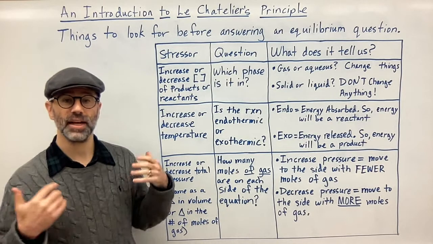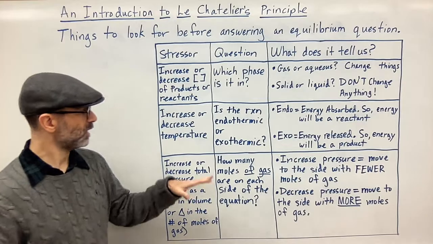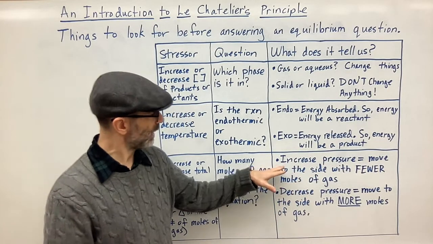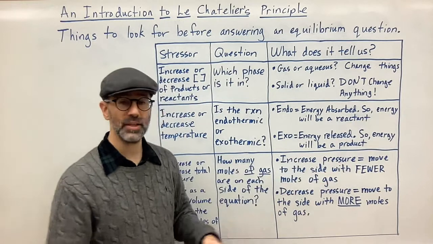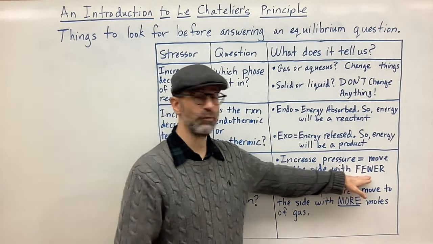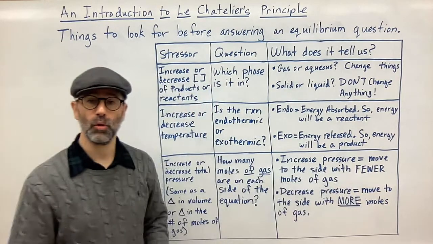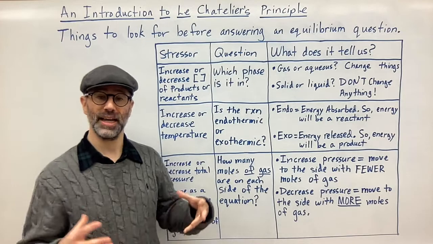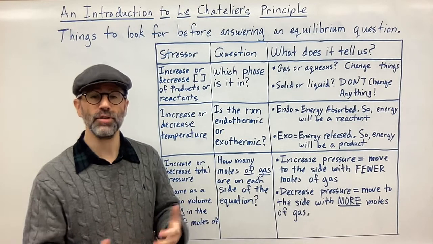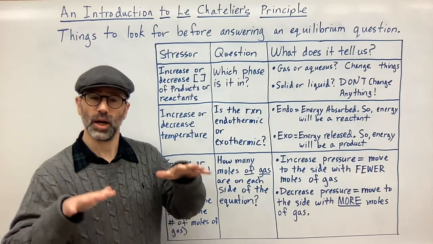And when we answer that, then according to Le Chatelier's principle, if we increase pressure, there's going to be a shift to the side that has fewer moles of gas. Because remember, if we're increasing the pressure, the system is going to want to undo that increase in pressure. So it's going to want to lower the pressure.